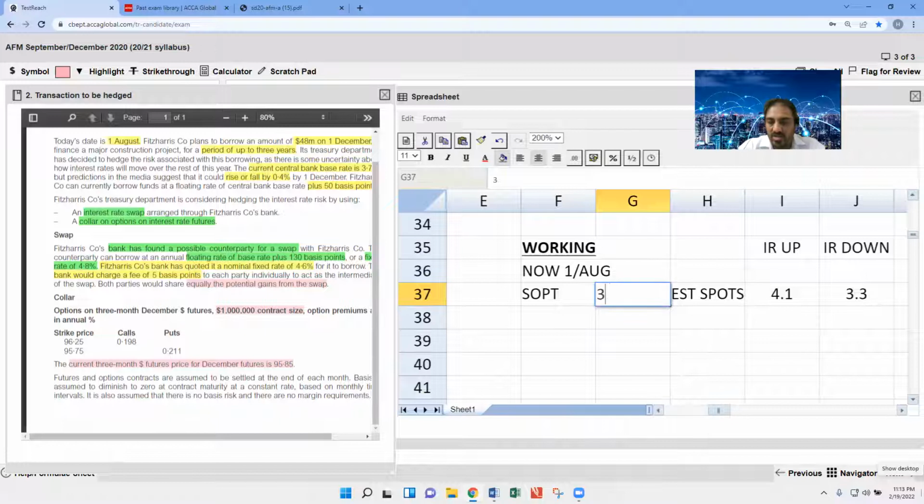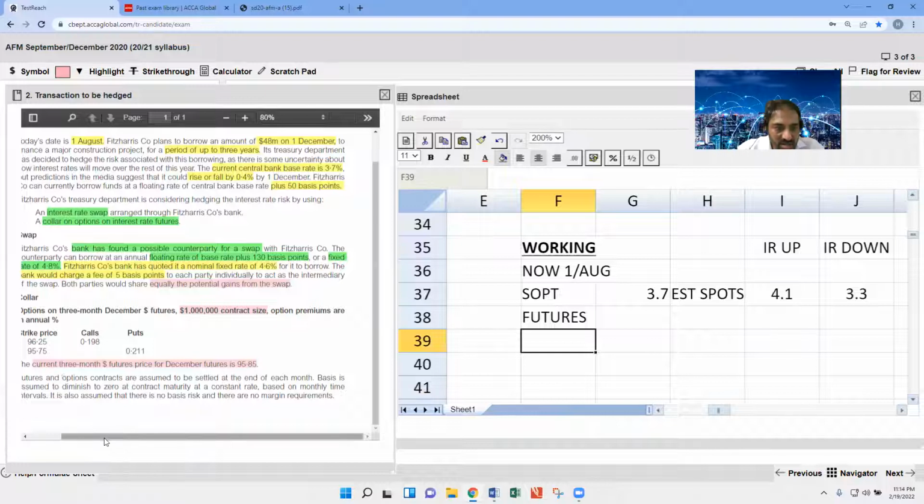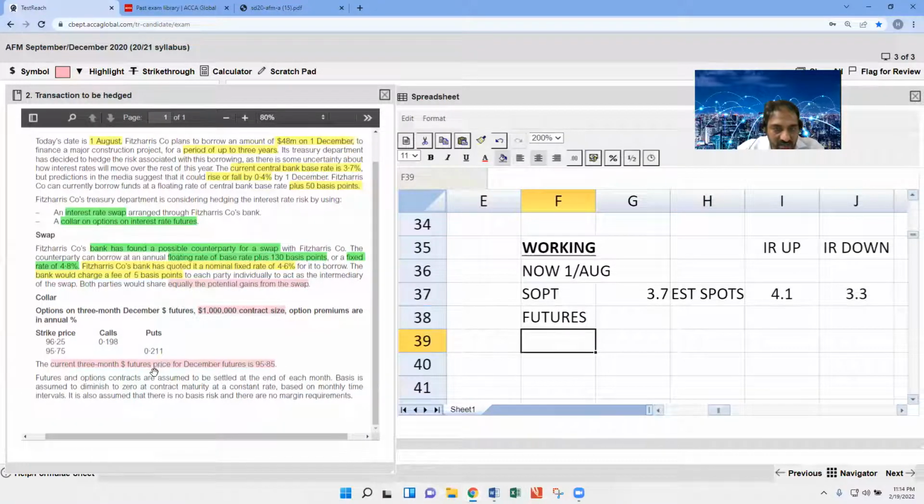Now a spot is 3.7. It's here the question, 3.7, this one. And now what is the rate of futures? Here the examiner mentioned the current future rates, the current future prices.